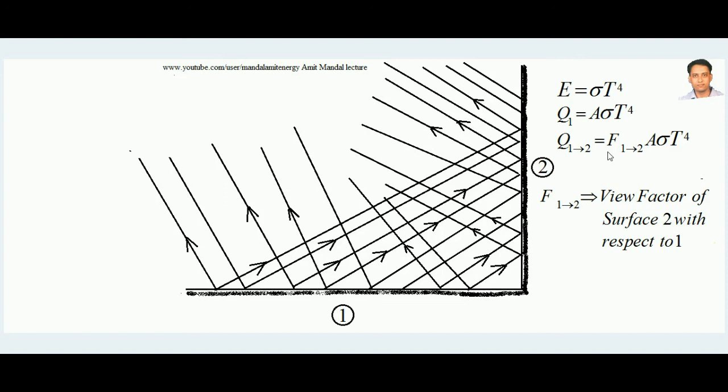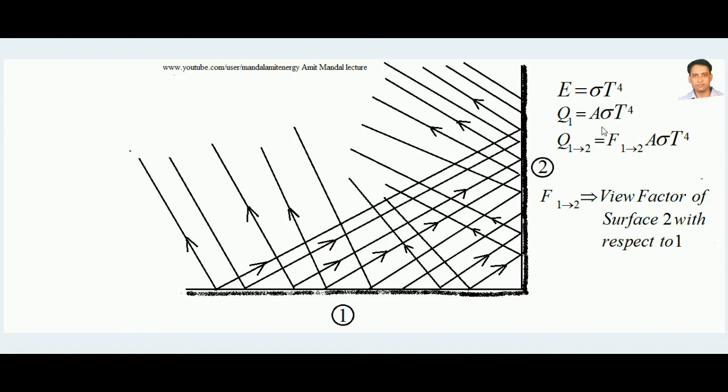If some surface is emanating radiation, how much the other surface will absorb depends on the view factor associated with those two surfaces. F₁₂ is the view factor of surface 2 with respect to 1. The maximum value of this view factor can be 1, meaning that, at most, whatever radiation comes out from surface 1 is absorbed by surface 2.